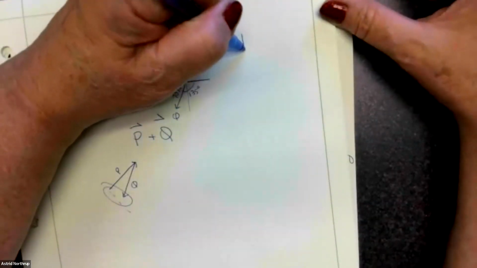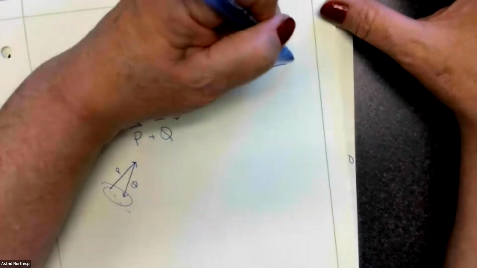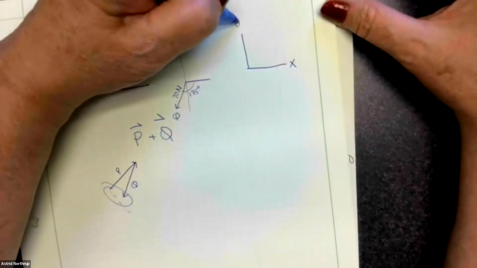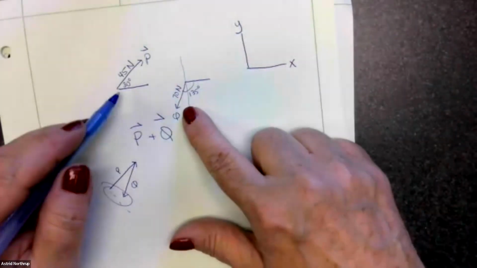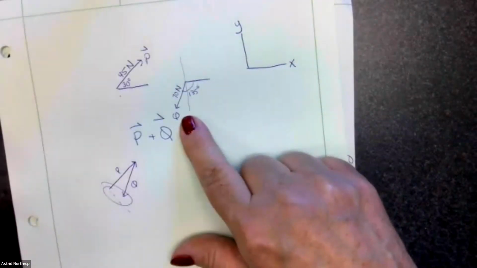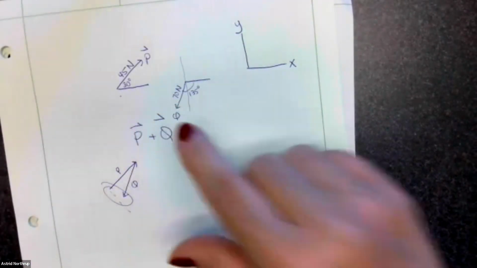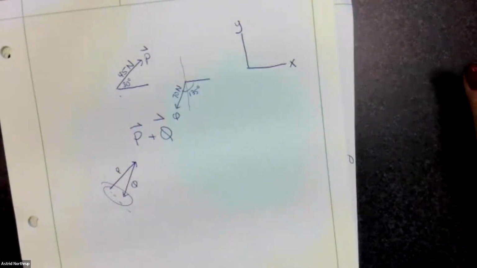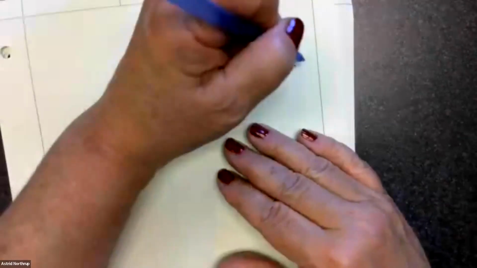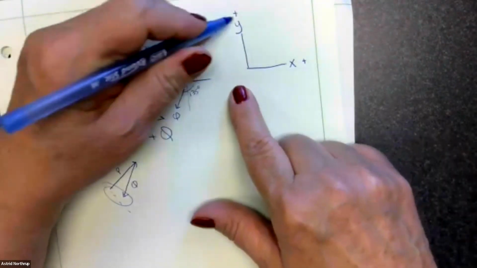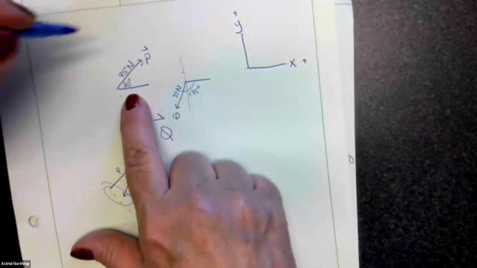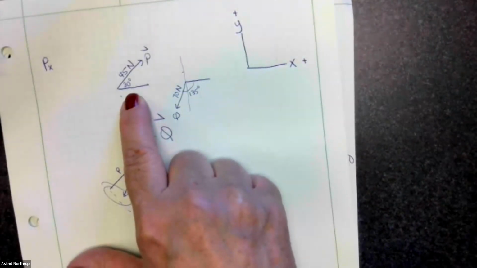However, if we remember from other pieces of math that we can call the horizontal axis X and the vertical axis Y, we can divide P and Q into horizontal and vertical components based on the angle that they make with something, either the horizontal or the vertical, and then we can add the components together. So X to the right is positive, Y up is positive, X to the left is negative, Y down is negative.